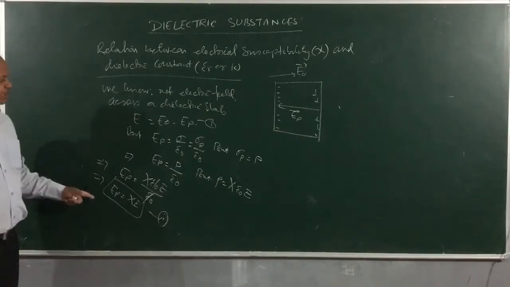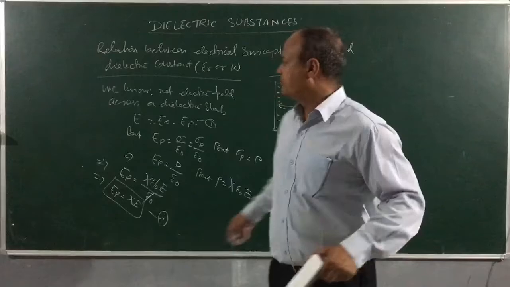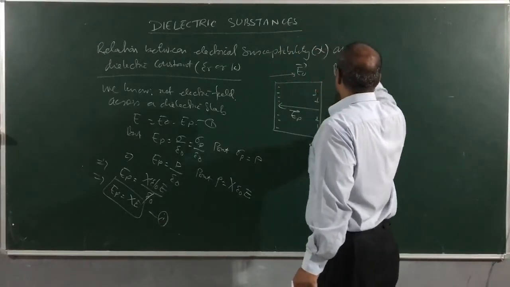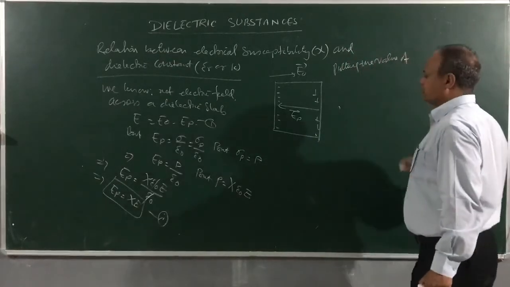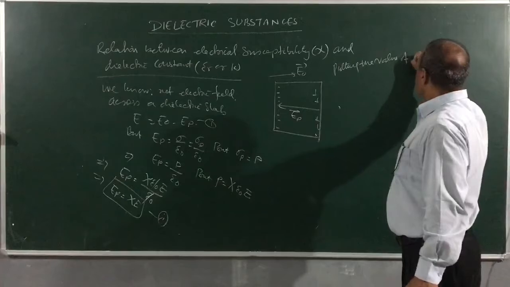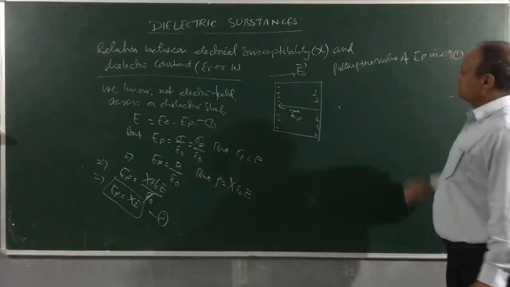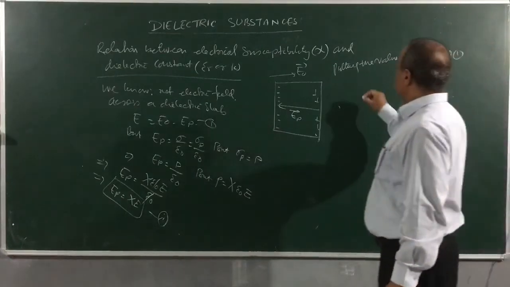So this value of EP, I'll put it in equation number 2. Okay, let's put the value of EP in equation 1. If you substitute the value of EP in equation 1, then what do you get, children?